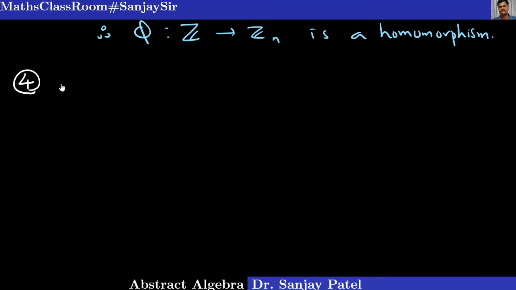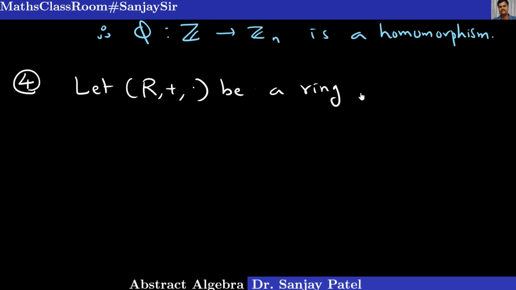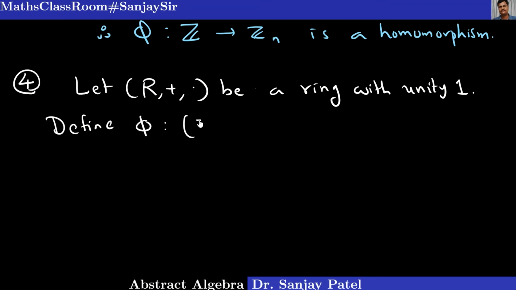Say, let R plus dot be a ring with unity, and define a mapping from the ring of integers Z comma plus comma dot to this ring R plus dot. This R is an arbitrary ring with unity.